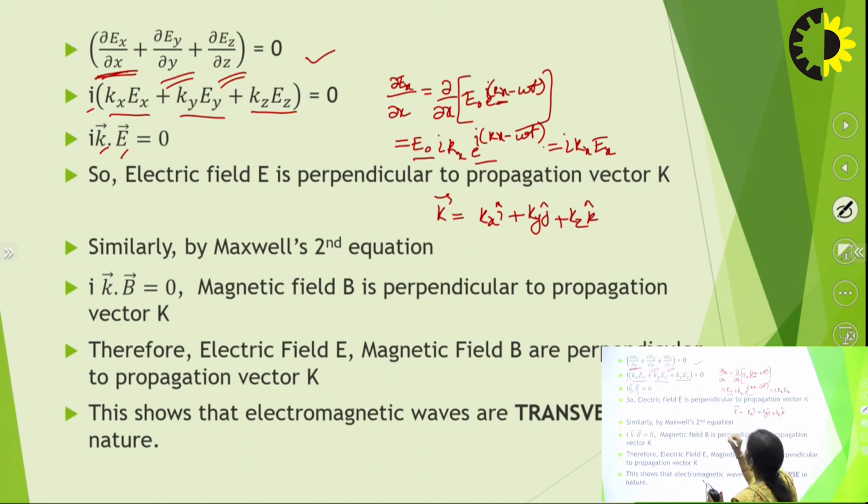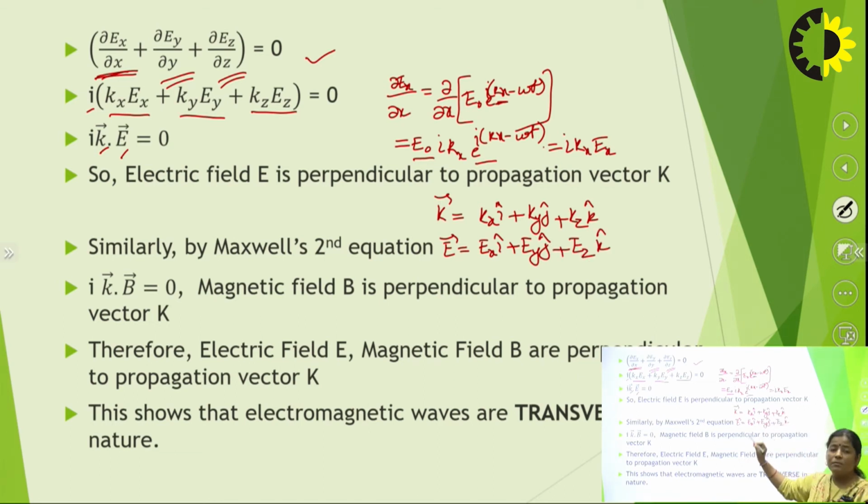Similarly, we have already seen that vector E is Ex i plus Ey j plus Ez k. Now if we take the dot product, it is kxEx plus kyEy plus kzEz. So it is clear now. This dot product k dot E gives us this expression, so in place of this whole expression we can write k dot E.